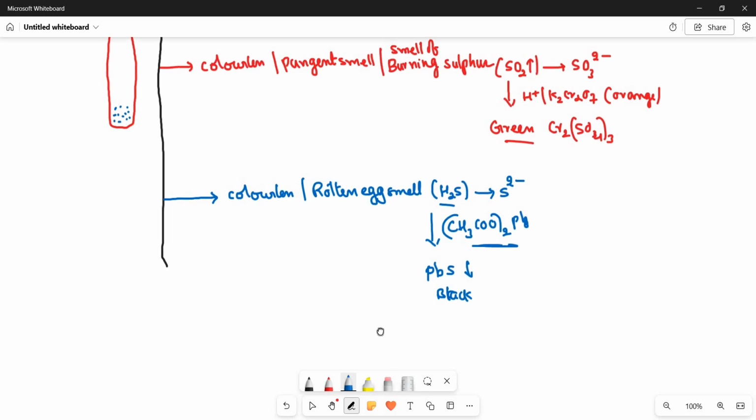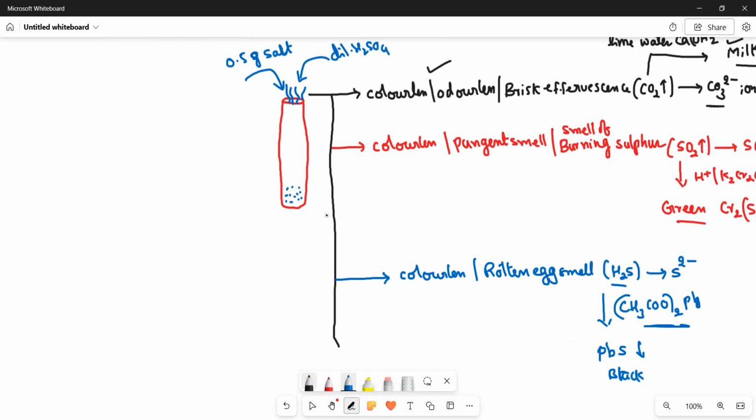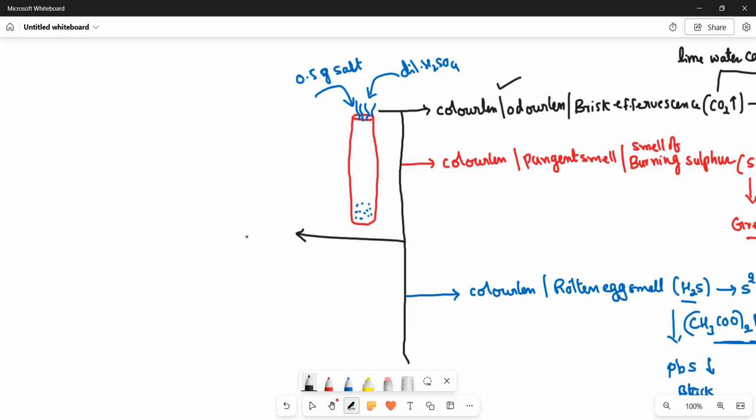Next, let us take another one, where a brown colored gas is released. That brown colored gas is nothing but nitrogen dioxide. This gas is released due to the presence of the nitrite ion.